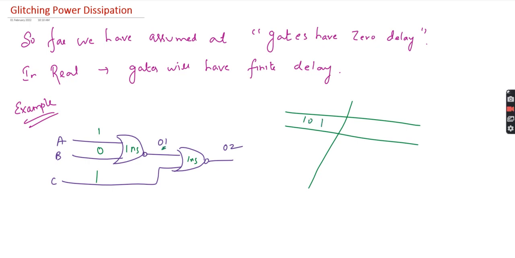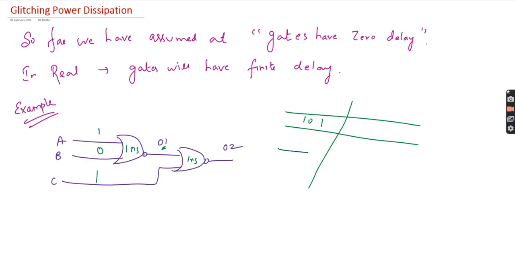So the input will be 101. How will you get O1? Initially, with 1 0 1, what is the O1 output? For 1 0 the output will be 0.